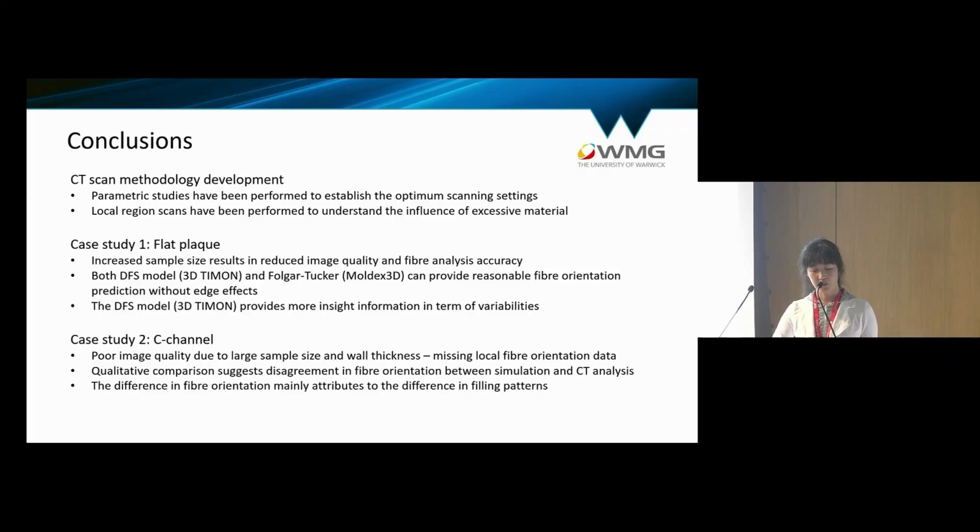And there are some disagreements between the simulation and the CT scan analysis results in terms of the fiber orientation distribution. For the second case study, which is the C-channel geometry, we were struggling to get good image quality to allow us to get comprehensive data of fiber distribution within the area we scanned.